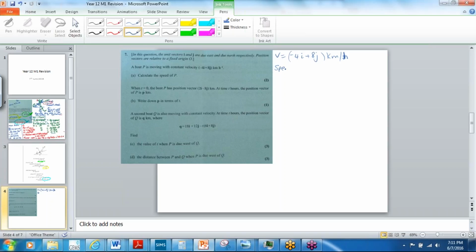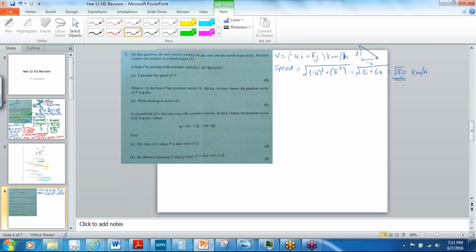Well, if every hour it moves to the left 4 and up 8, then the speed is the hypotenuse of that, found by the square root of negative 4 squared plus 8 squared, equals the square root of 16 plus 64, equals square root of 80 kilometers per hour.